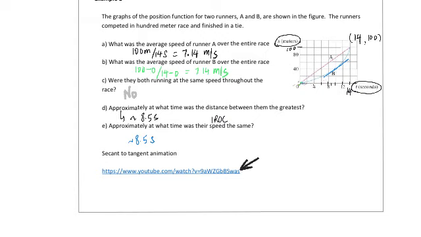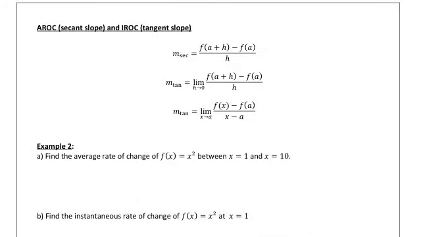Let's move on though. Here we have the equations for the slope of a tangent line and the slope of a secant line. The slope of the secant line is the AROC, and the slope of the tangent line is the IROC.